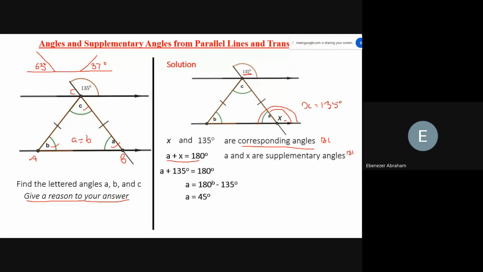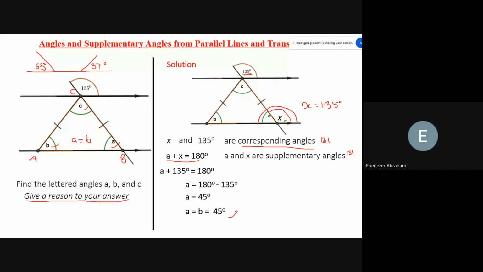And then we said that A equals B because triangle ABC is an isosceles triangle. That reason must be stated for why A equals B, but I think I said it earlier.